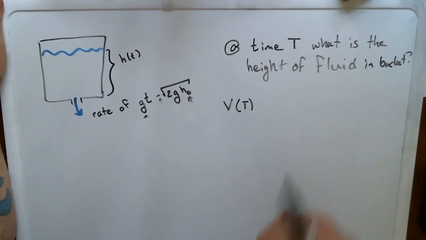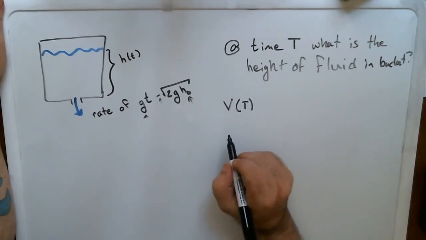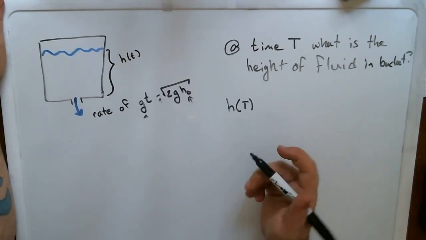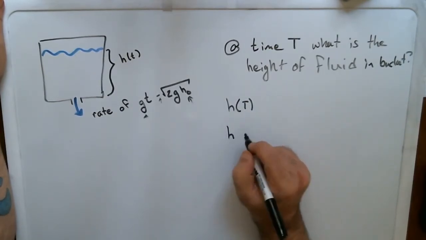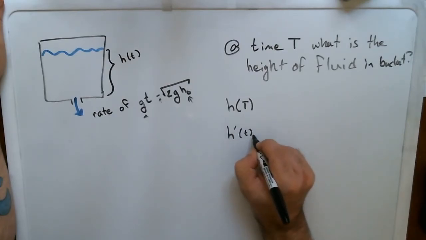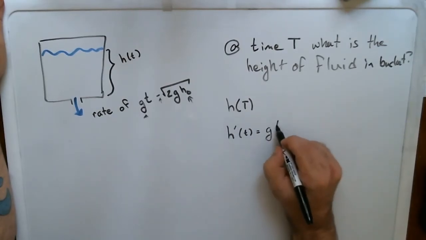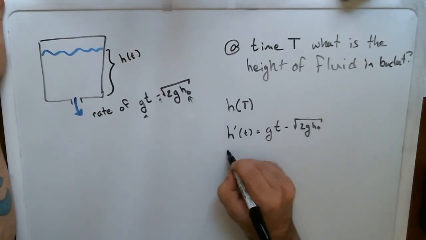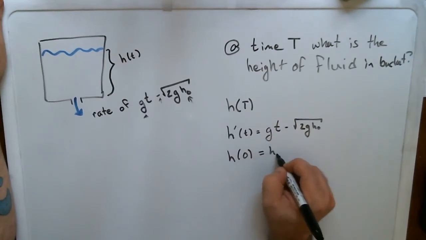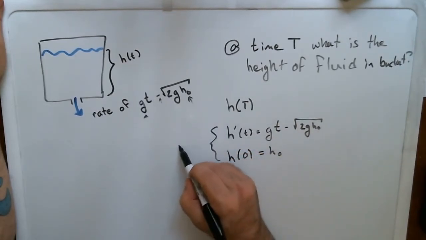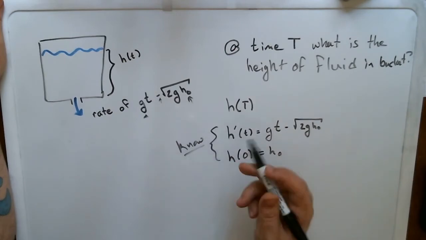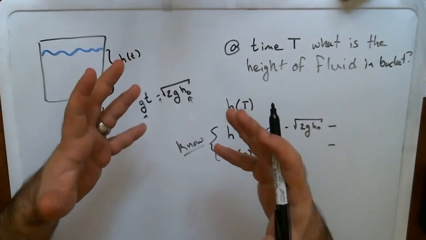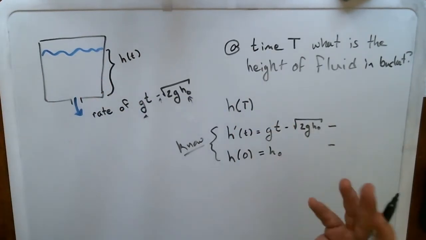Not V of t, silly goose. H of t. Okay. So what do we know? We know how the height changes over time. It's according to this formula. And we know the height at which it started. All right. So since we know a rate and we know an initial point, that's the net change theorem.